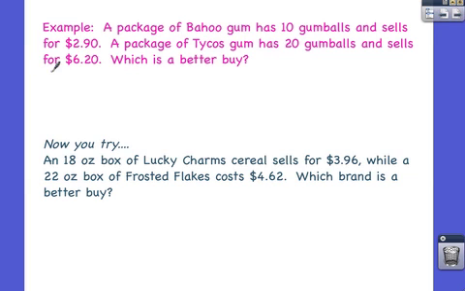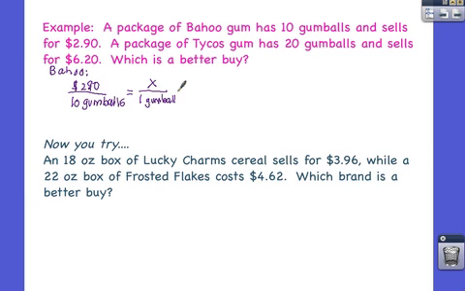So we're going to start with our Bahu gum. And say that we have $2.90. Money's always going to go on top for these since it's going to be dollars per gumball. So $2.90 for 10 gumballs. And I want to know how much money is it going to be for 1 gumball.